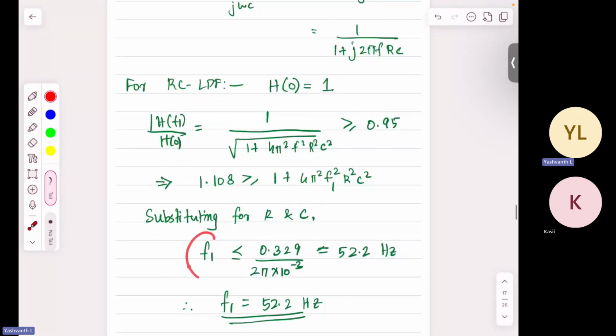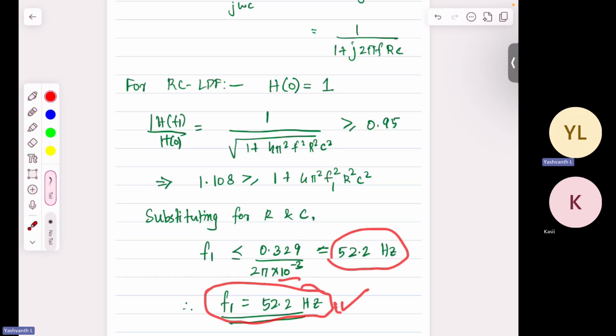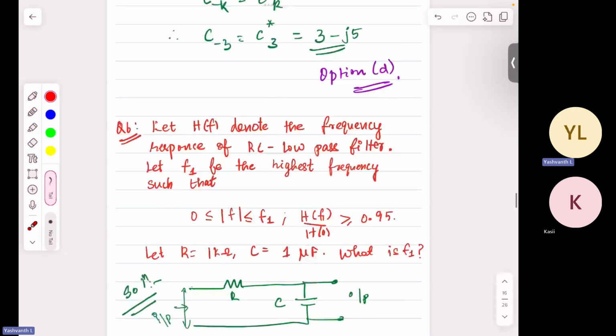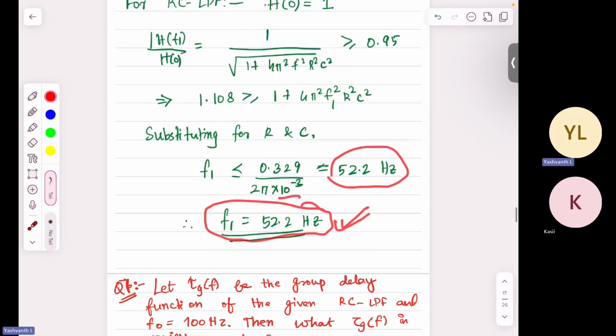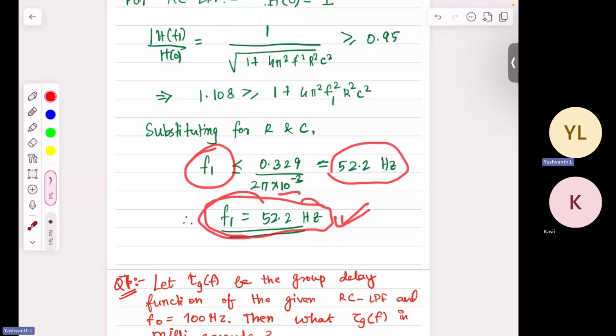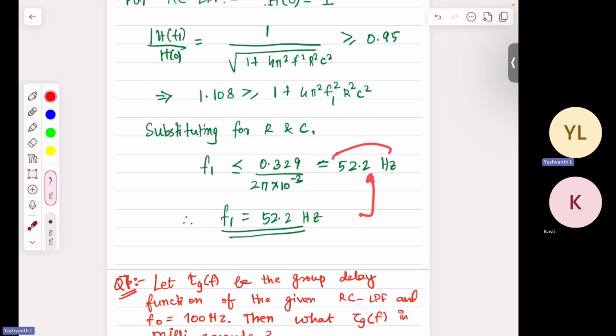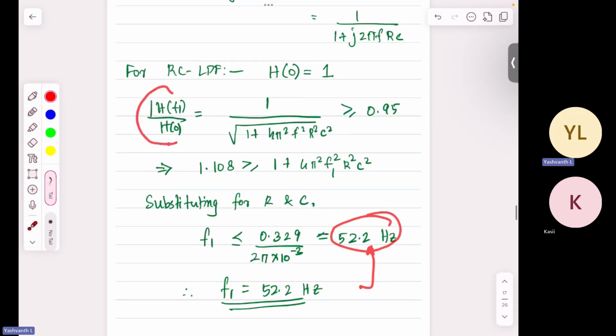You can show that f1 is at most 0.329 by 2 pi into 10 power minus 3, which is nothing but 52.2 hertz. Therefore, the highest frequency f1 for which H of f1 by H of 0 is at least 0.95 is 52.2 hertz.